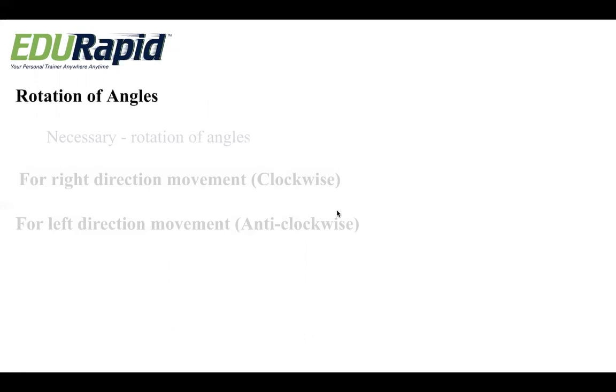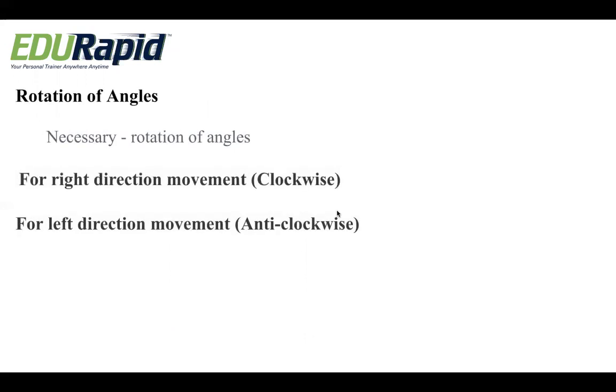So now let's look at rotation of angles. In order to solve the angle movement questions, it is necessary to know about the rotation angles in either clockwise or anti-clockwise. Whenever there is a rotation in the direction of the minute handle or second handle of a clock, that is called clockwise.